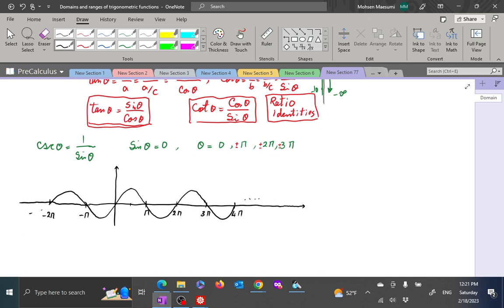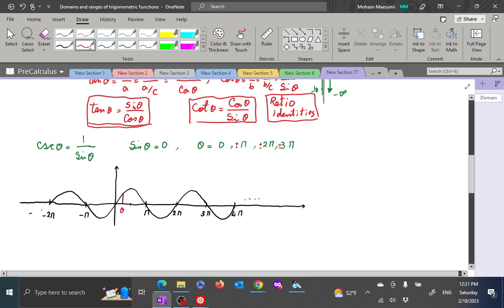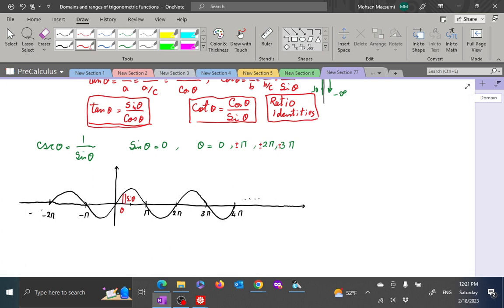So what happens? I'm taking the reciprocal of this. If this is the angle theta, this is sine of theta. That's what the graph means. So I need to take the reciprocal of this, 1 over sine theta.